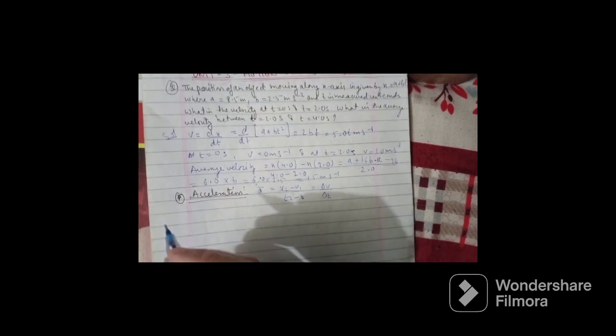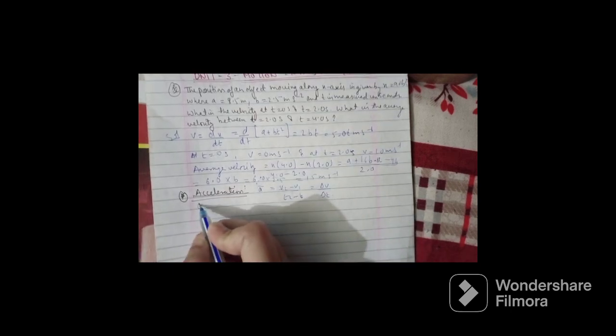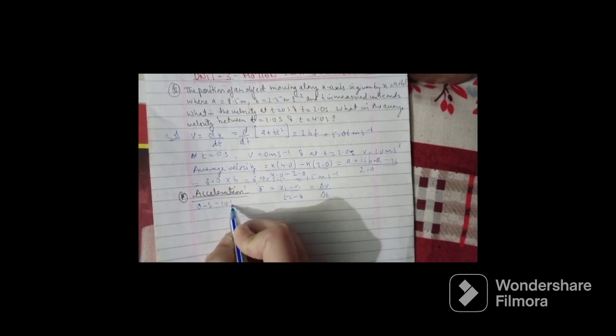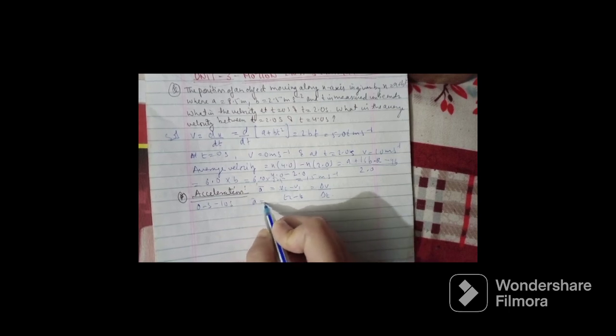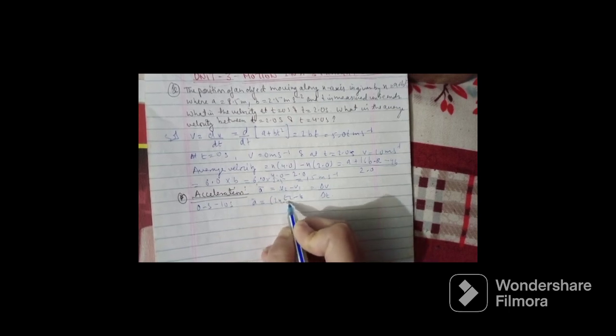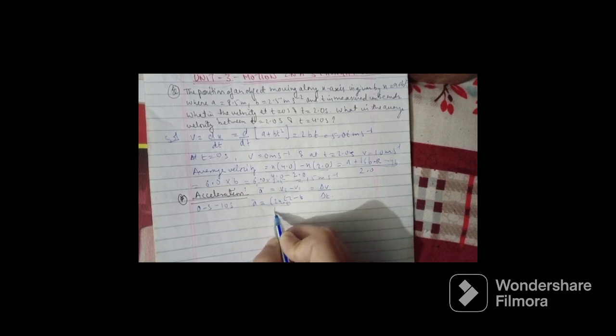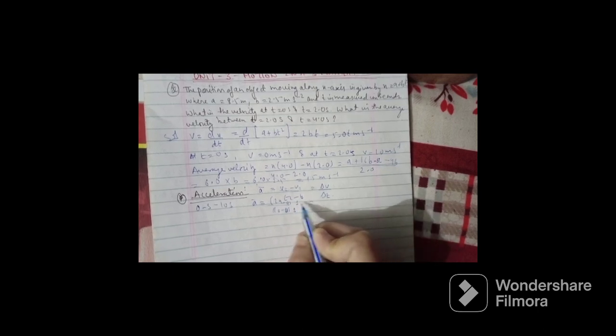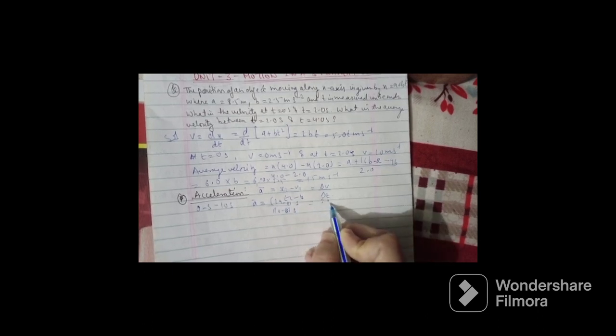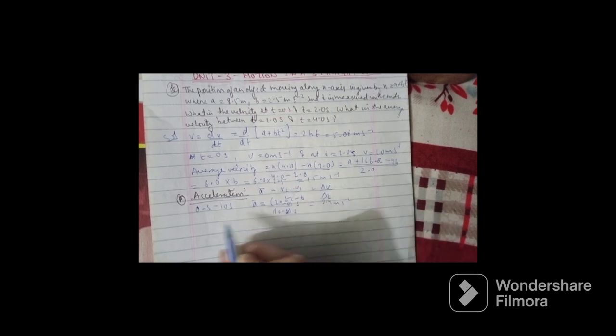So we just find it out first. For 0 second to 10 second, a-bar equals 24 minus 0 upon 10 minus 0 seconds, so 2.4 meter per second squared.